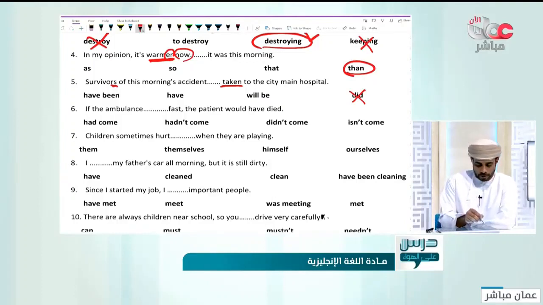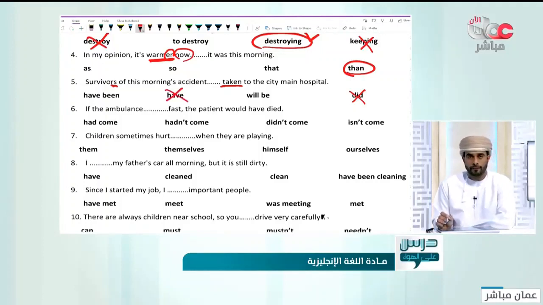See it. The survivors of the morning accident taken to the hospital. Do those survivors take someone or were they taken? Yes, they were taken. So it is the passive voice. If it is the passive voice, we cannot use have taken. Good. So we still have two choices. Have been taken or will be taken.